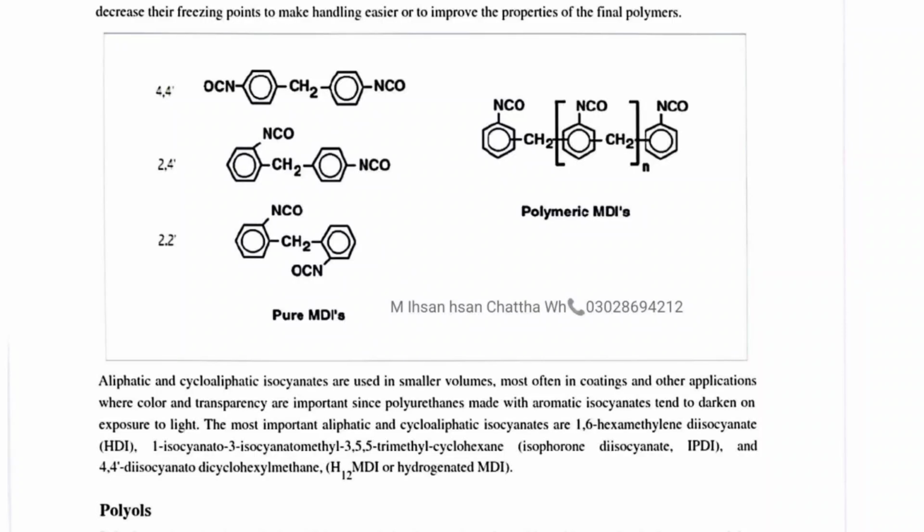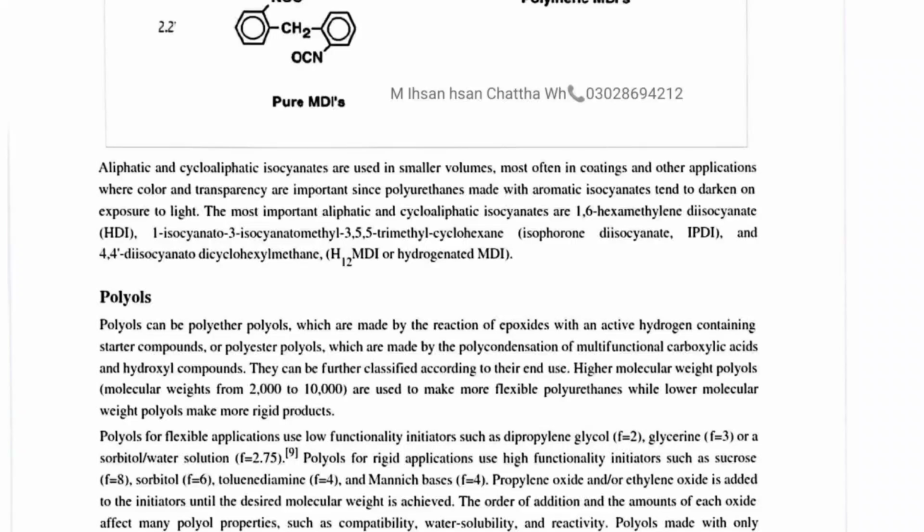Some are important in these cases, but in major use we utilize the less expensive diphenyl isocyanate or toluene diisocyanate in forming polyurethane.